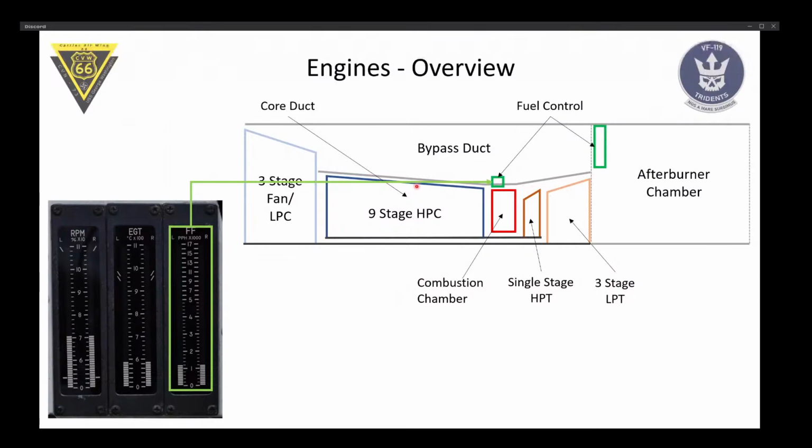One more thing about these bypass duct afterburning engines is that they have an important advantage over the early jet engines, which did not have this bypass duct. The early jet engines like the Phantom's afterburning chamber had to work with whatever oxygen was left after the air passed through here, which was probably not a lot.